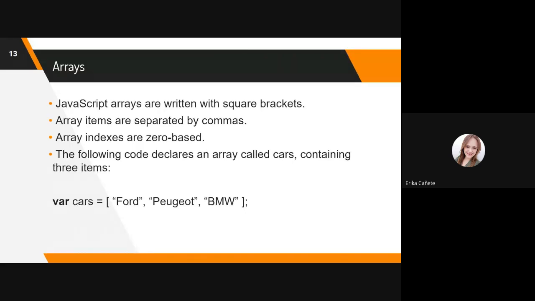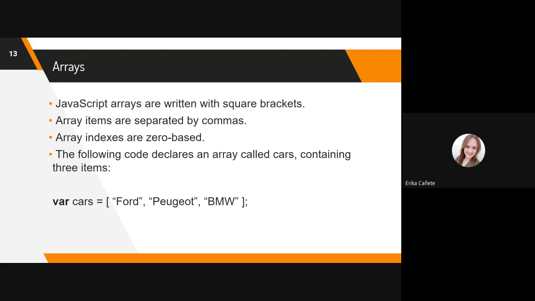In the example, we have a variable with the variable name cars, and then the values Ford, Peugeot, and BMW. Again, we can index those values by index number, 0 for Ford, and so on.